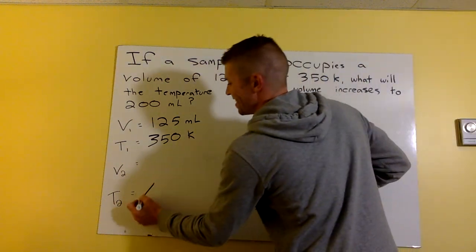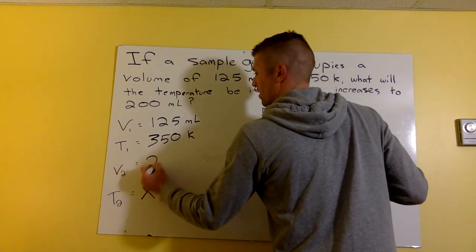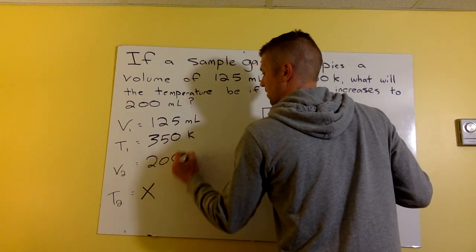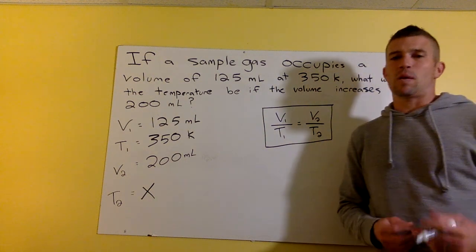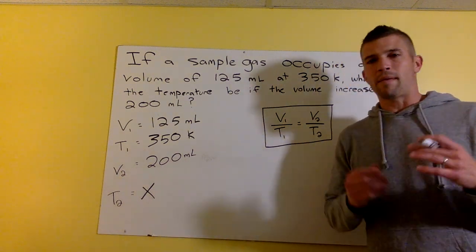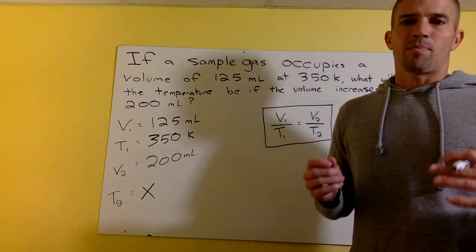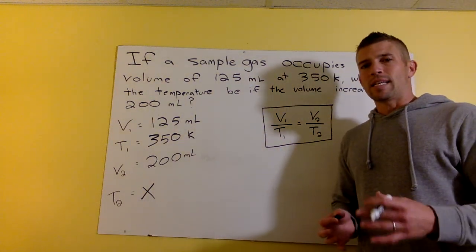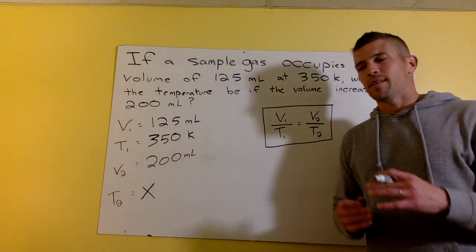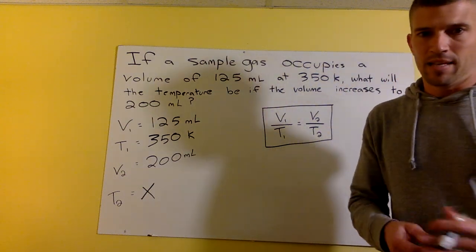That means temperature is unknown, and my volume is increased to 200 milliliters. Another thing to consider here is that we're assuming other variables stay the same. We're assuming the number of moles, the amount of molecules, stays the same, and we're also assuming that the pressure stays the same. All these variables are interrelated, and so when you're only solving for two of them, you're under the assumption that the other two remain constant.